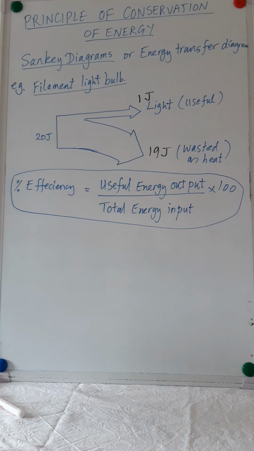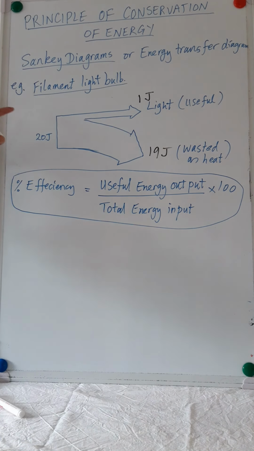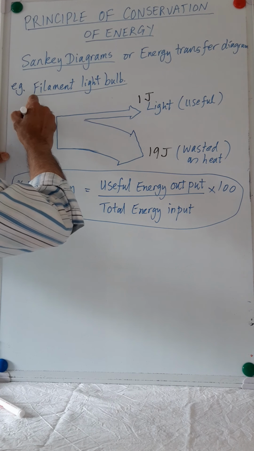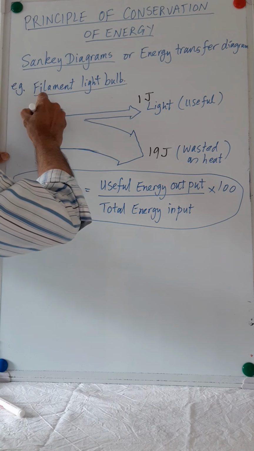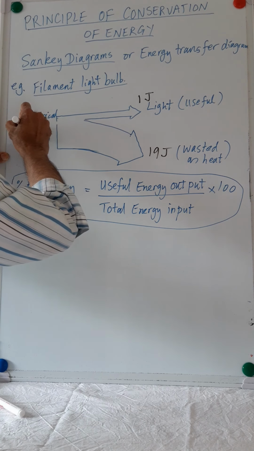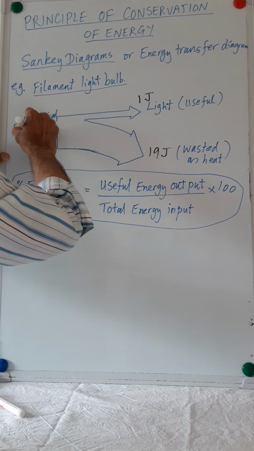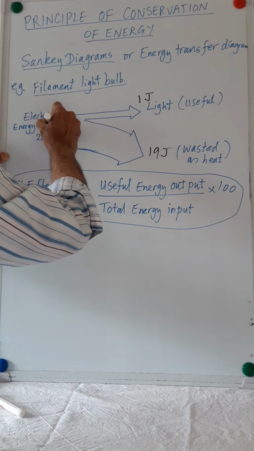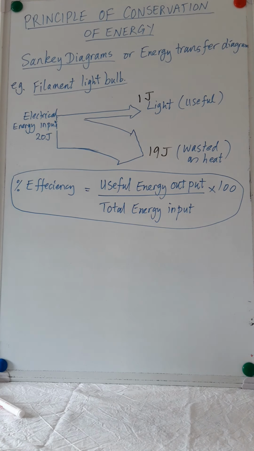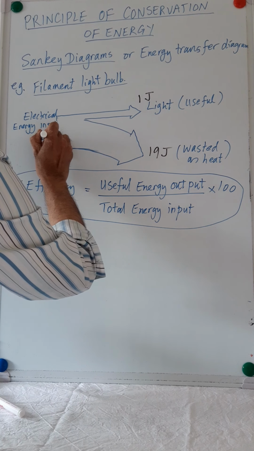In this example, this is the energy input. We say electrical energy input. This is how much energy we are putting in. That's 20 joules.